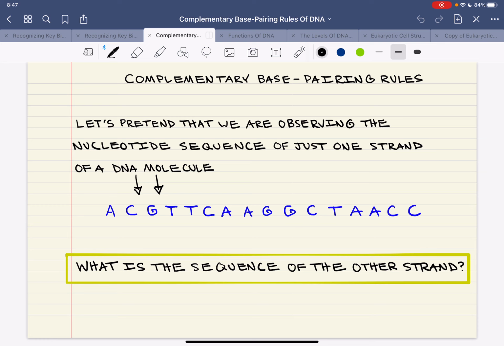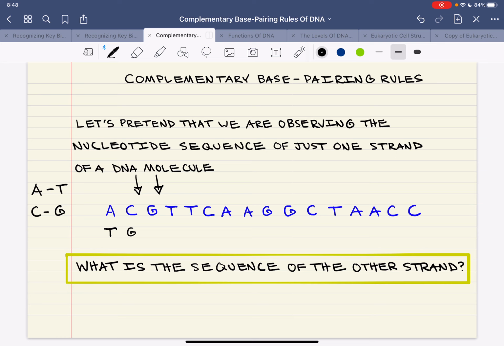So I'm going to work through this with you. I'll use a different color for the other strand. We're just going to write the sequence of the other strand just below the top strand. So let's put the rules over here. A to T, C to G. If you see an A, well, across from it must be a T. If you see a C, across from it must be a G. So I won't say that every time.